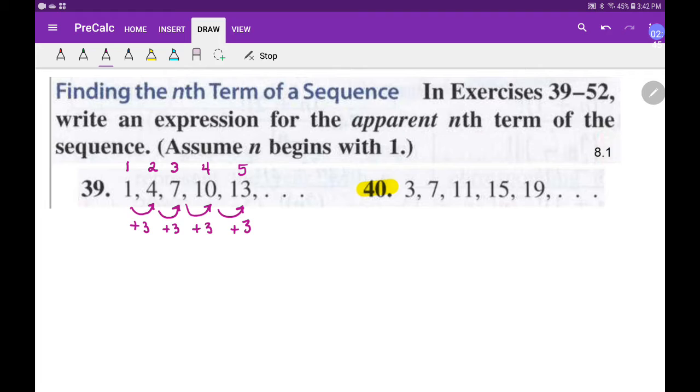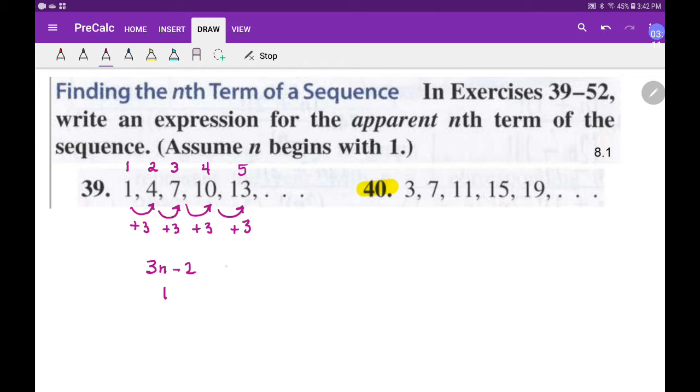And let's see, the answer is we're saying 3 times n, and we're subtracting 2. Is that right? Well, let's see. Would it work for the first one? 3 times 1, take away 2, that's 1.